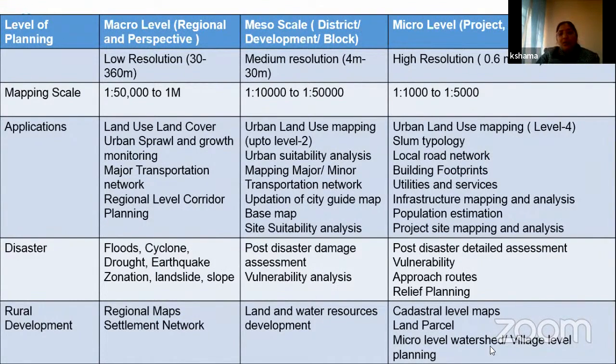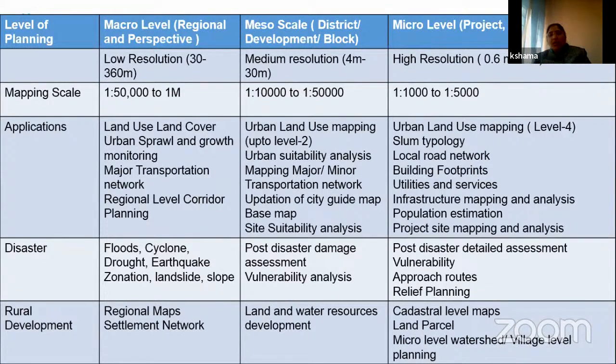Now in rural development you can see the cadastral level map. Nowadays there is a lot of emphasis by the Indian government to digitize the cadastral maps and georeference them, so that we can overlay them over the satellite image. It is very good for many rural development exercises. Suppose you have overlaid your cadastral map over the satellite data. Now from the satellite data, you can easily identify what is the sodic land.